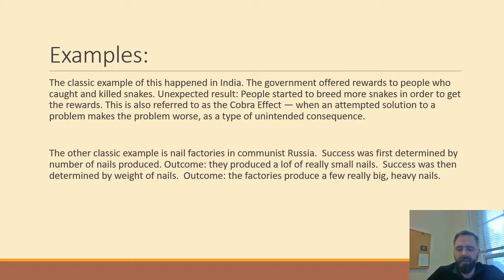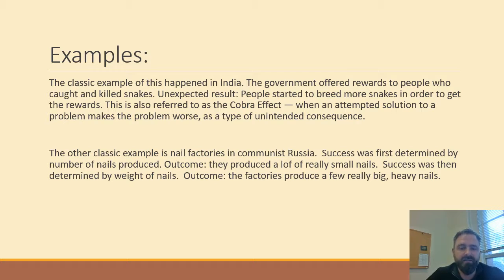I think part of the issue and part of the thing to remember with Campbell and Goodhart is there's a spirit of the law, and maybe remembering the spirit of the law or the spirit of the metric might help. So the spirit of this government reward for catching and killing snakes was they wanted fewer snakes.